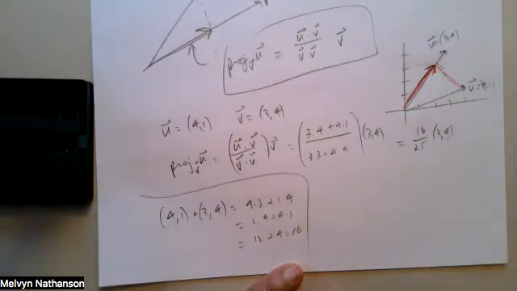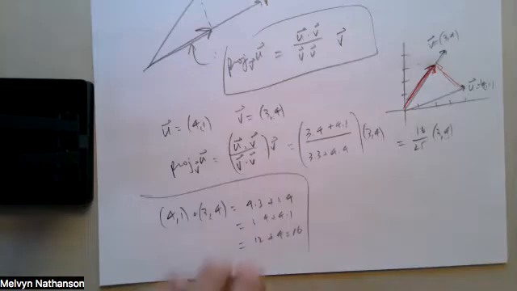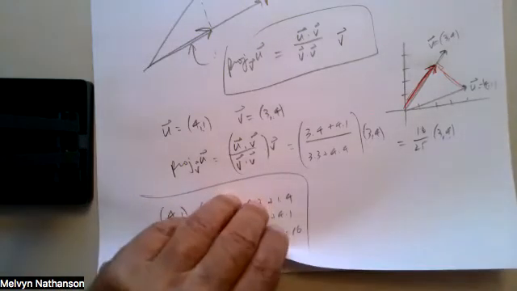Now, there is another product of vectors that is possible in three-dimensional space, and that is what is called the cross product.